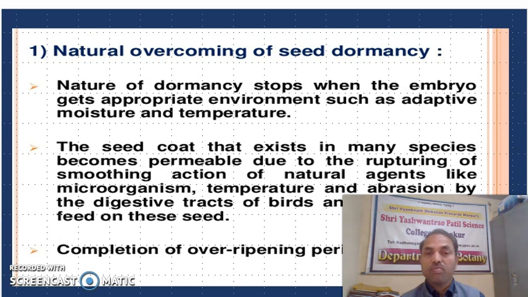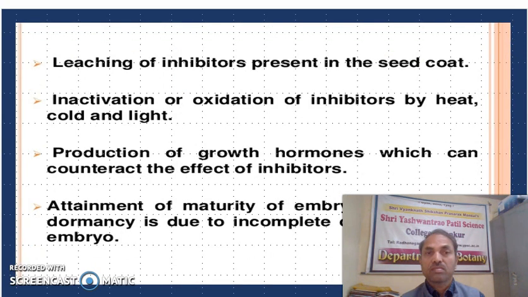Completion of after-ripening periods. Leaching of inhibitors present in the seed coat. Inactivation or oxidation of inhibitors by heat, cold and light. Production of growth hormones which can counteract the effect of inhibitors. Attainment of maturity of the embryo in case of dormancy due to incomplete development of the embryo.